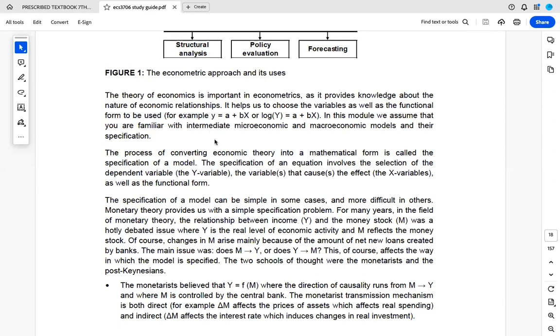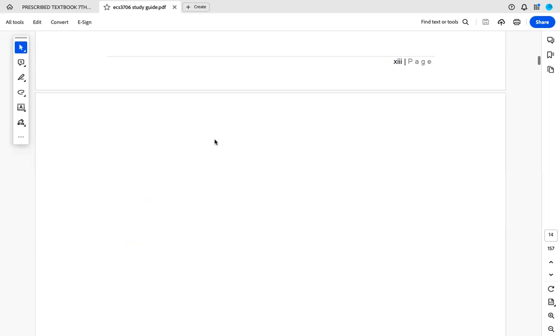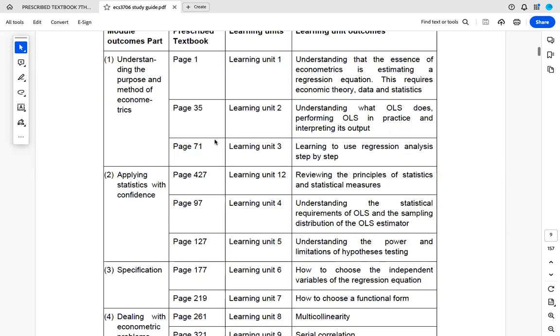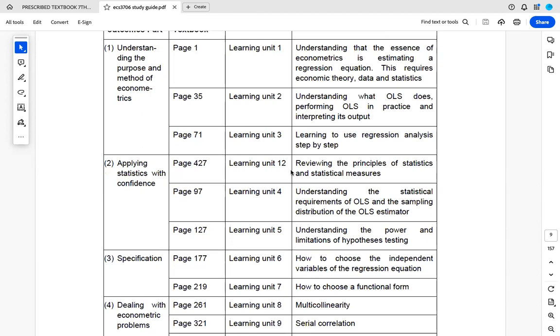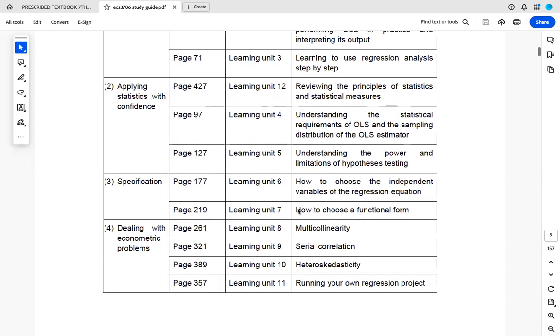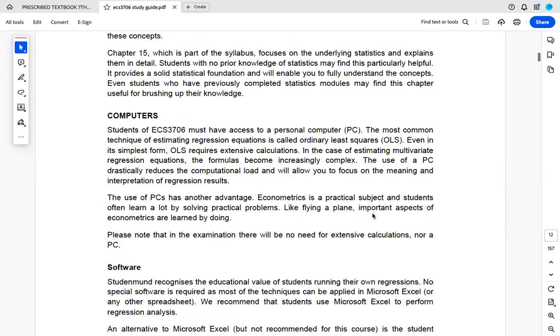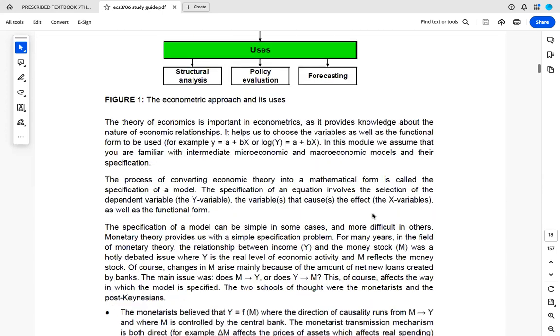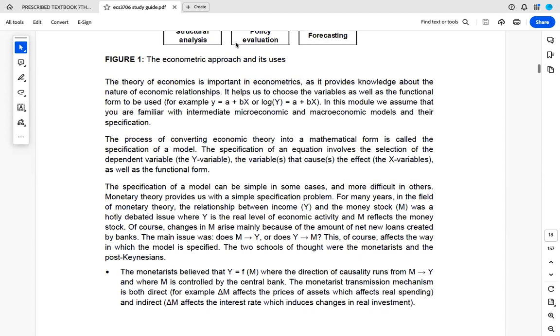Basically, what a functional form of an equation does is take an economic theory and convert it into a mathematical relationship. So when we're talking about model specification in Learning Unit 7, we are going to talk about how to choose an appropriate functional form when you are looking at questions to do with estimating an econometric model.